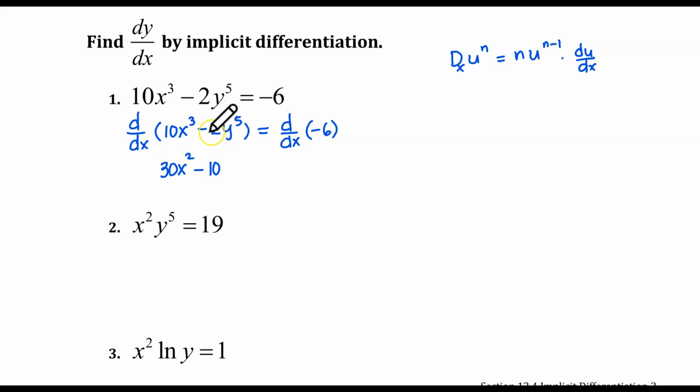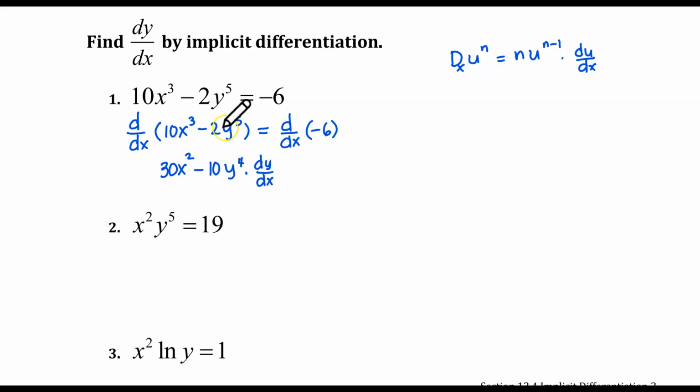Now applying that to the term here, we get negative 10. That means negative 2 times 5. So you bring down 5, you multiply 5 to the constant here, you get negative 10. And then you subtract 1 from the power here, so you have y to the fourth. Now since we are using the chain rule, we write the derivative of y with respect to x, so you put dy/dx.